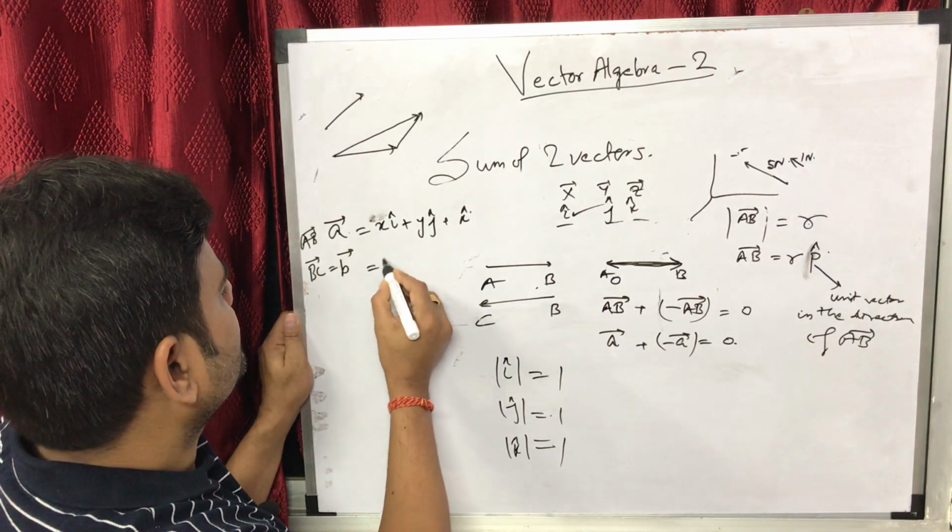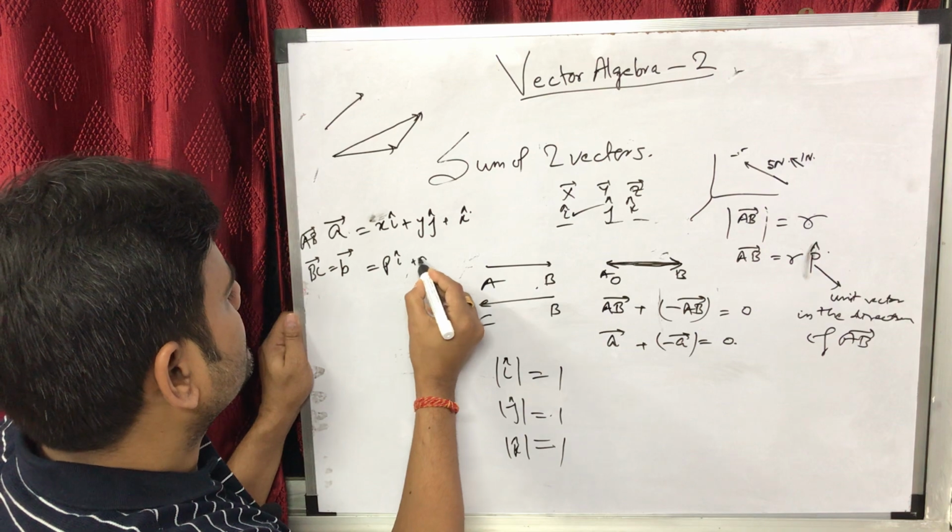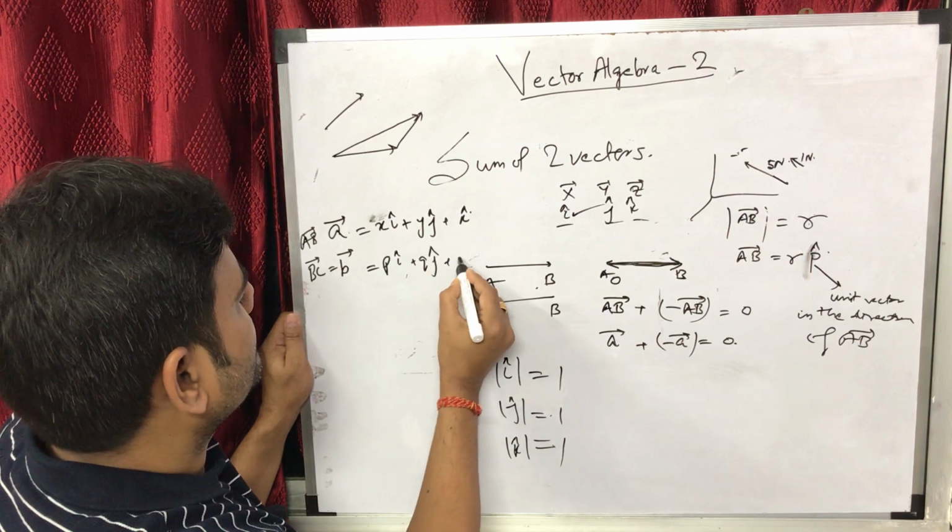So this is P i cap plus Q j cap plus R k cap.